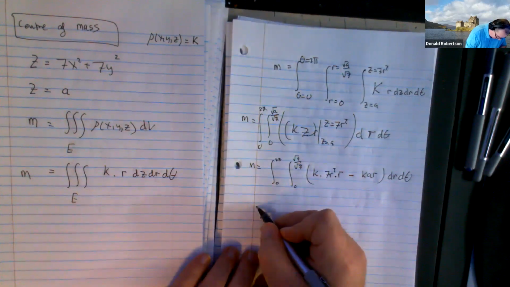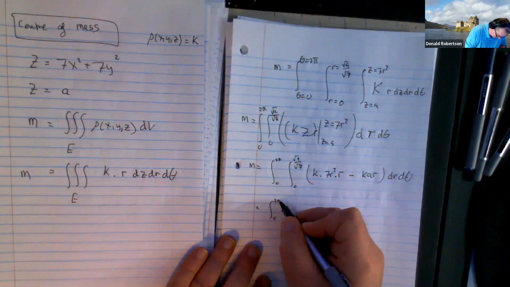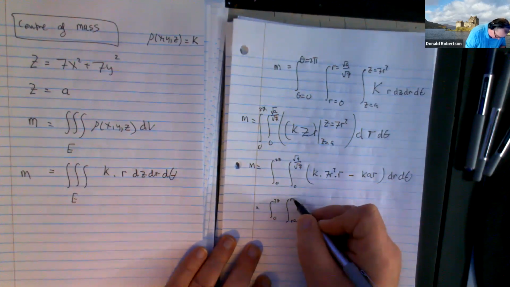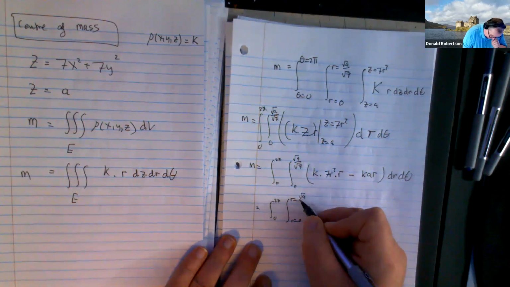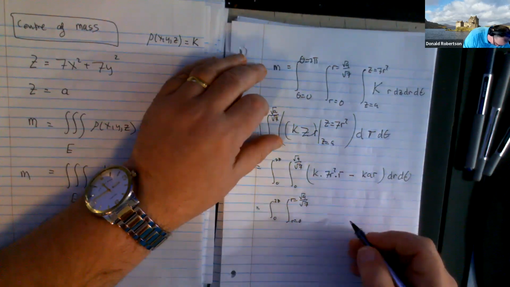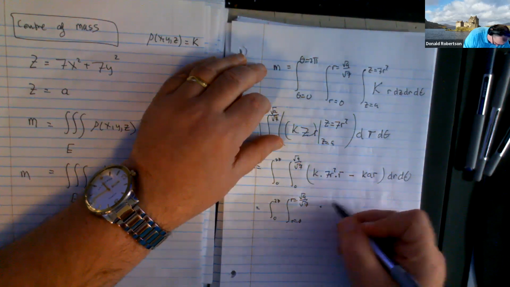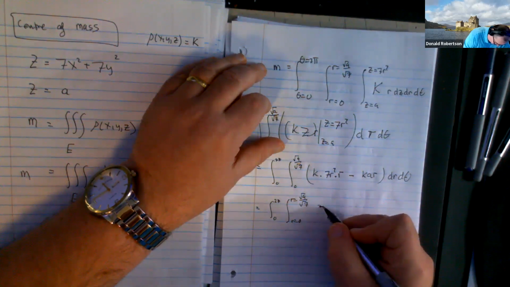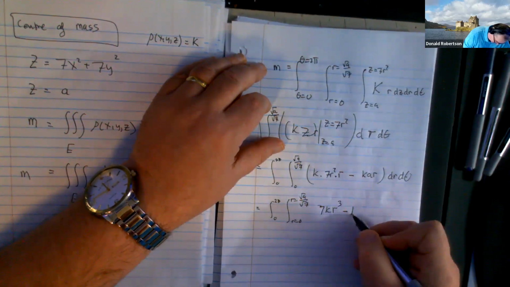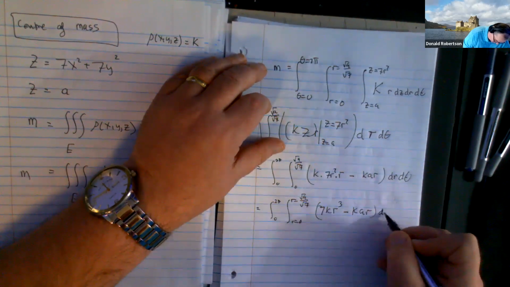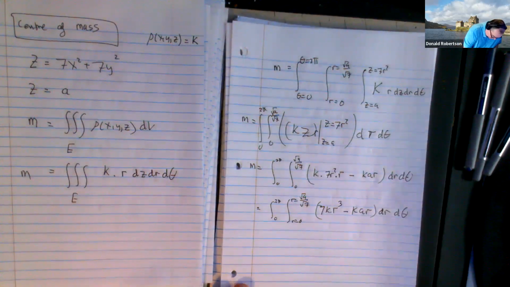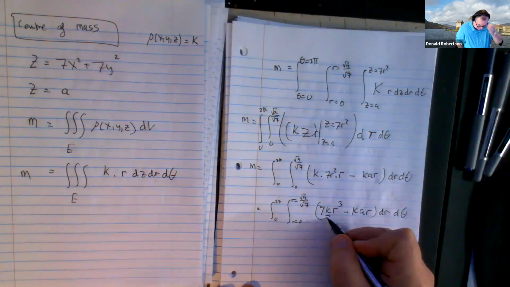And this is going to be, not a lot I can do with this, but I'll try my best. What can I do with it? I can get 7kr cubed minus kar dr d theta. Isn't this k a constant?